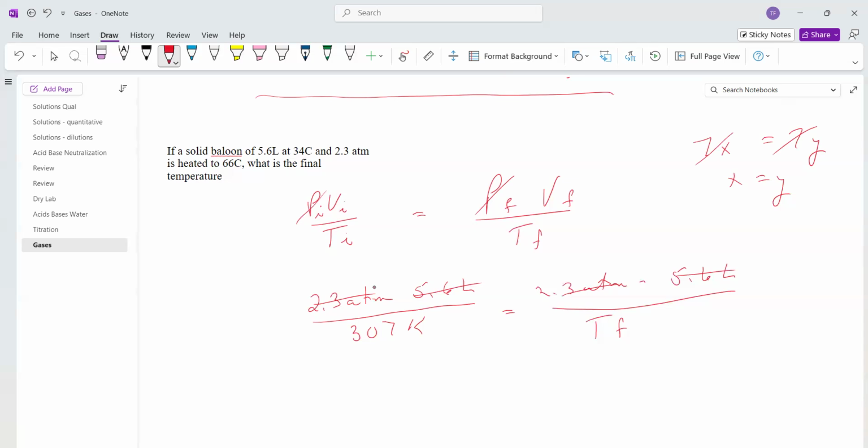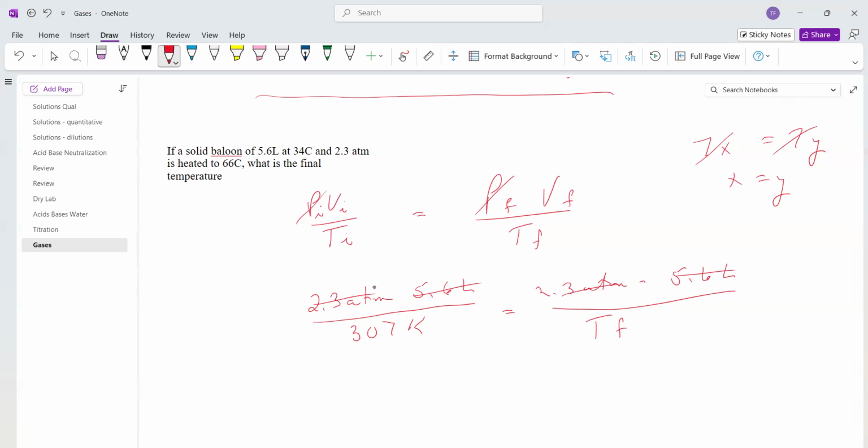The only thing that's going to change is the temperature. So we solve for T final temperature. Notice the final temperature is on the bottom, so the easiest way to solve this is to cross multiply. Whenever we bring something across the equal sign, it changes in terms of the fraction. If it's on the bottom, it goes to the top. If it's on the top, it goes to the bottom.